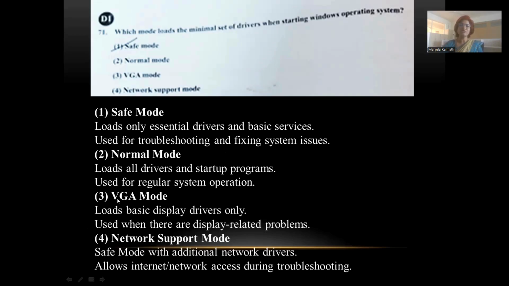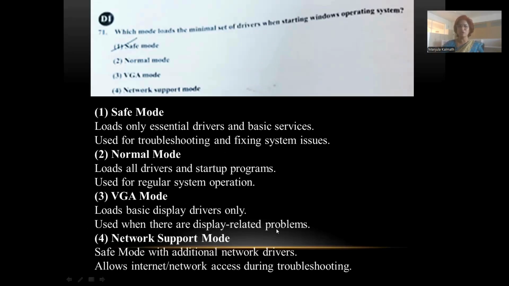The next one we have is VGA mode. VGA means graphics, it is a visual graphics mode. If any graphic related issues are there, then to check that graphic related problem, it has to load the graphic driver. It loads basic display drivers only, used when there are display related problems.